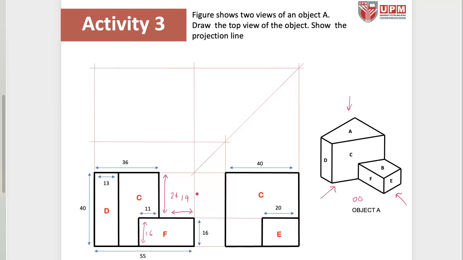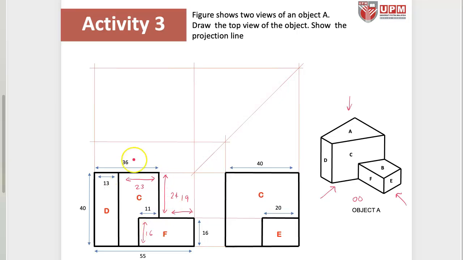Let me use my calculator. 55 minus 36. You should have done this from the start. Use my calculator. So 19, 36, and this is 36 minus 13. Right? This is going to be 23.